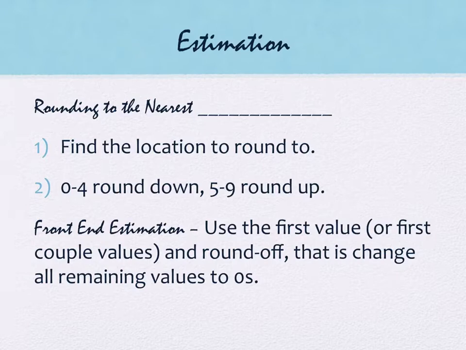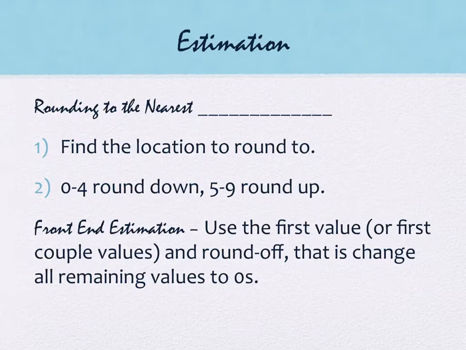We'll do an example here in a second, but while I'm still on this slide, let me contrast that to front-end estimation. Front-end estimation uses the first value or the first couple of values and rounds off. That is, it changes everything that is at the end to zeros.